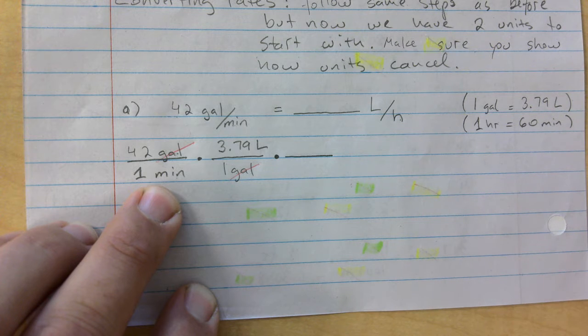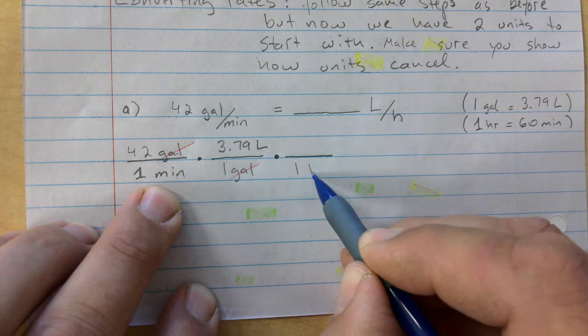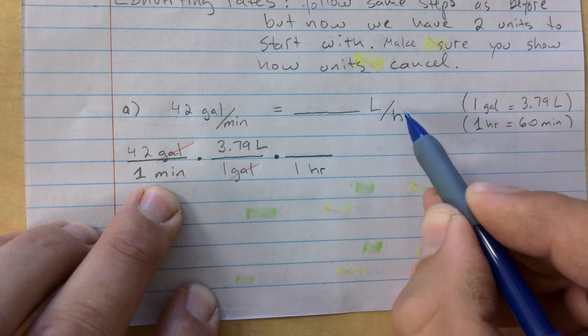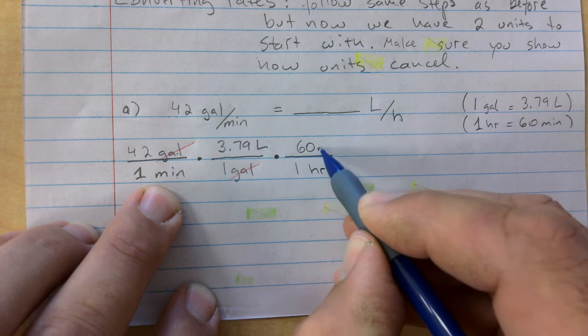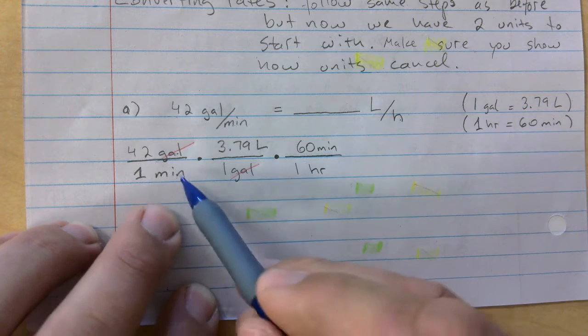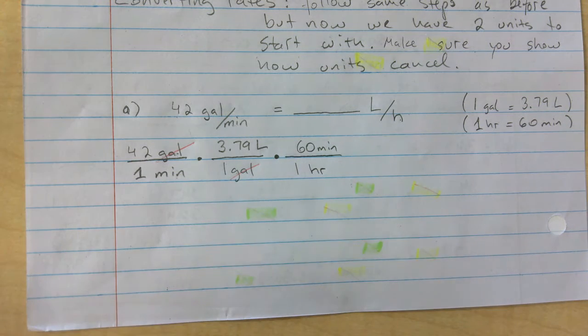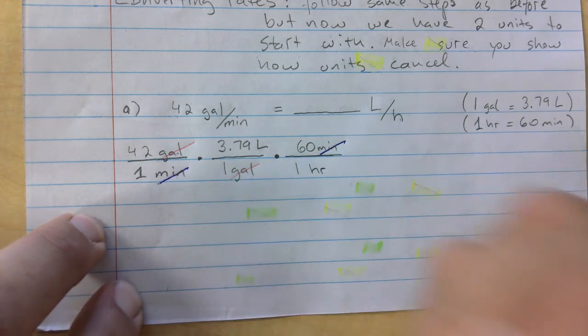I know you know that. I'm just making sure that these are the rates that I'm using. And so 1 hour, which I want in the denominator, see here, will have 60 minutes. So this is a true rate, right? So the minutes, I'm going to use maybe blue. I'm going to just cancel the minutes with the minutes there.